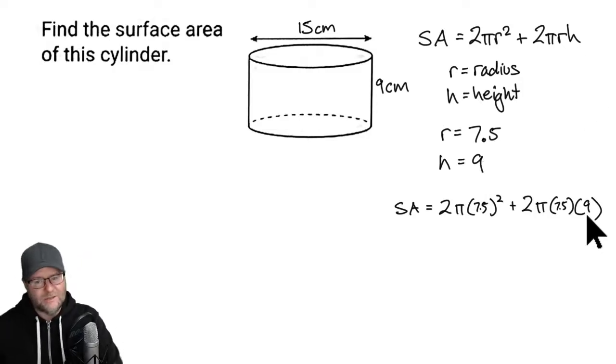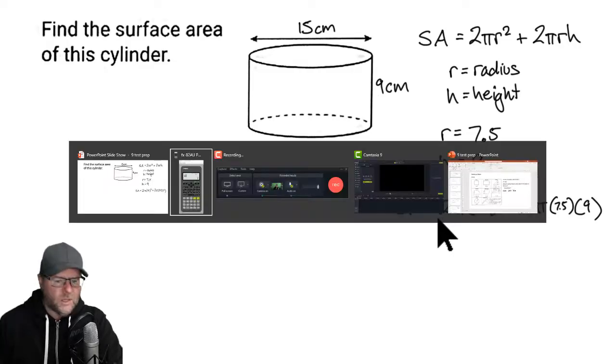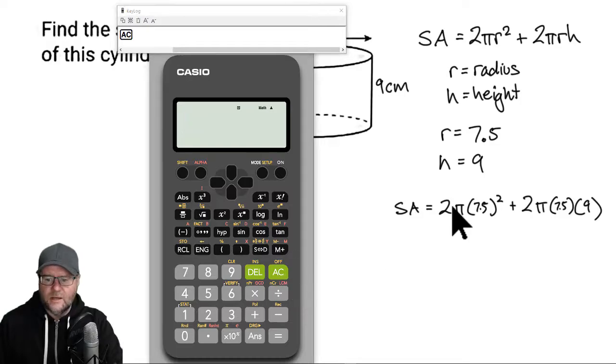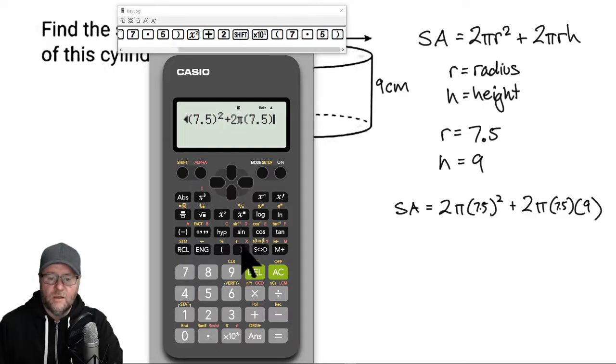Now, once again, the reason I like to do that is you can literally put that in your calculator. Hey, what the heck? We got time. Let's do it. Let's clear that. And I'm going to put it in exactly as you see it. 2 shift to get my pi. Open bracket. 7.5 close bracket squared plus 2 shift pi. Open bracket. 7.5 close bracket.